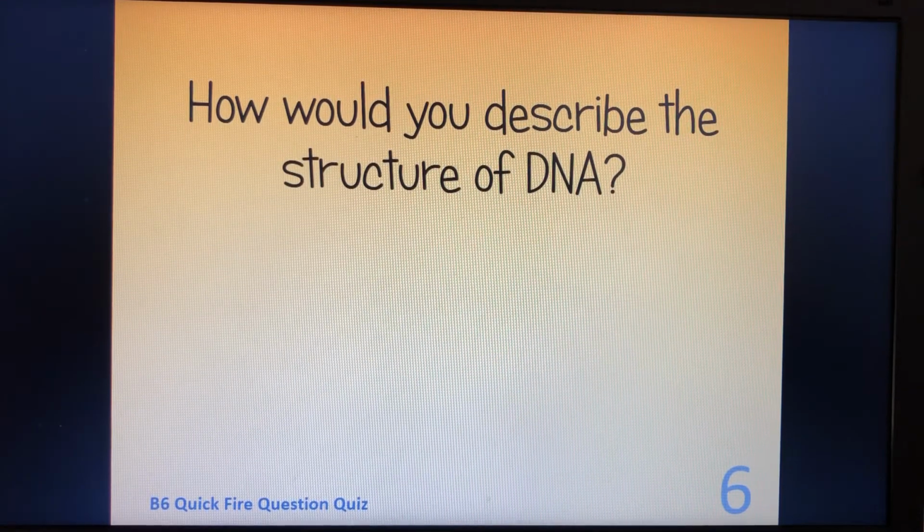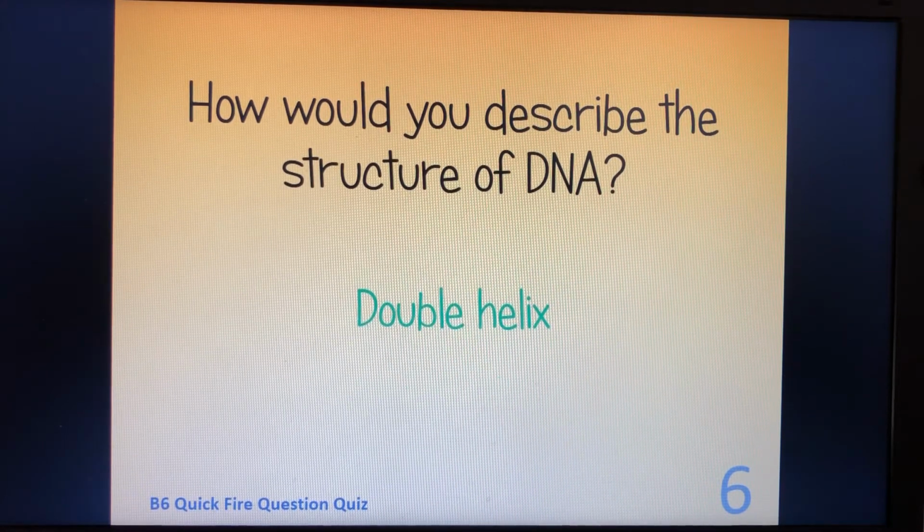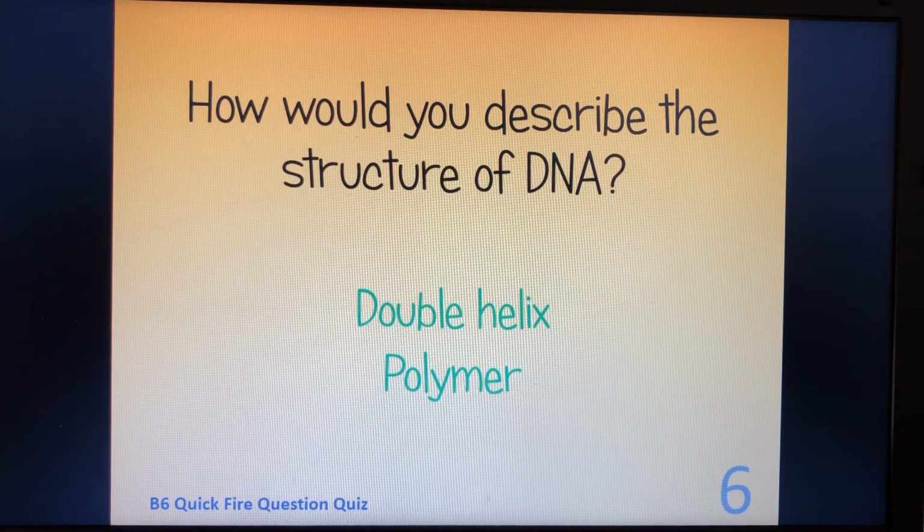How would you describe the structure of DNA? 2 possible things you could say here. And the answer is double helix and also a polymer. It's lots of smaller units, monomers, put together to make a long polymer chain.